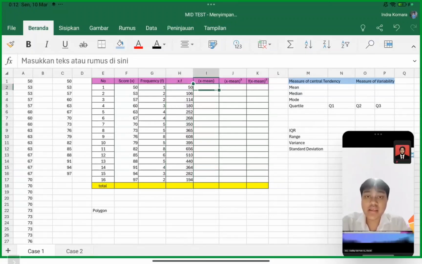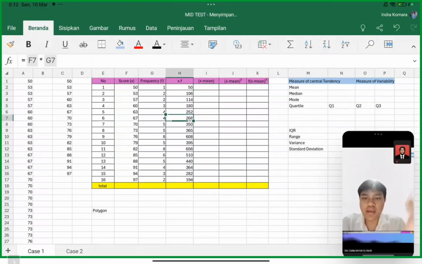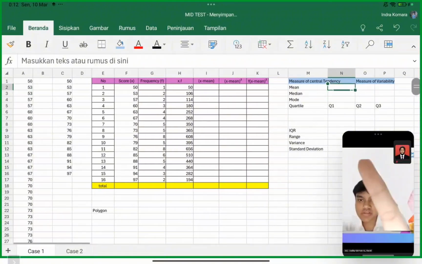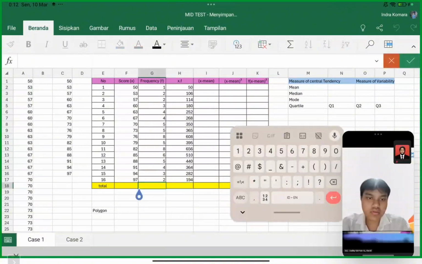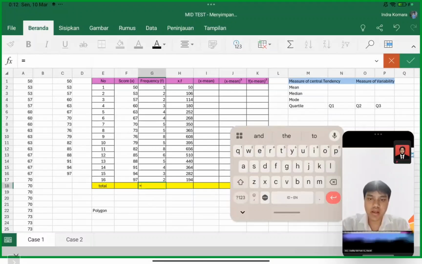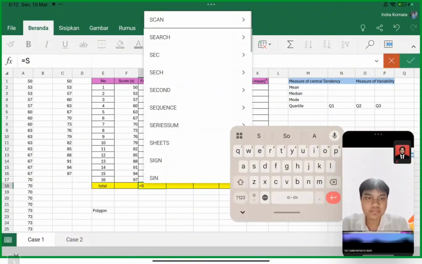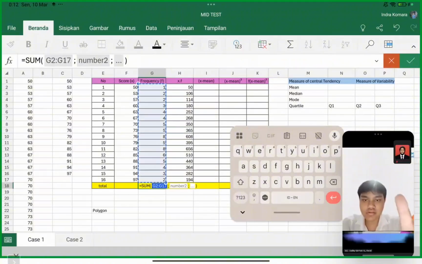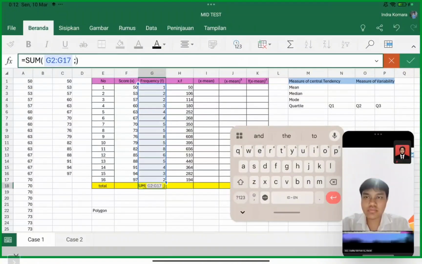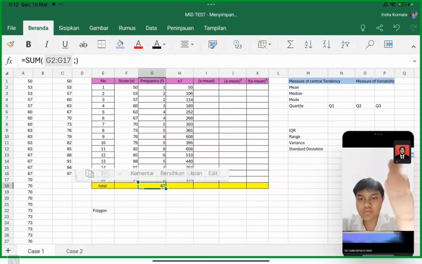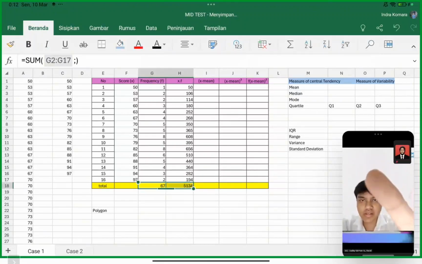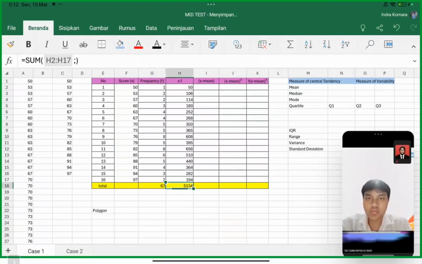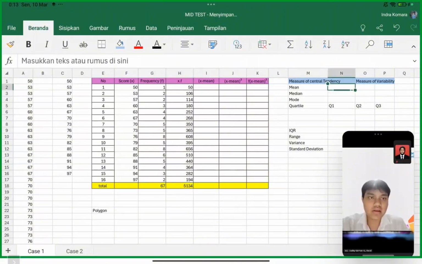Right, now the x minus mean. We don't have the mean, so we should calculate the mean first. So under measure of central tendency here, mean. We need the total of the frequency. How to calculate it? Okay, we use the formula SUM. Drag the frequency. Right, so we have the total of the frequency and x times f here, so we can calculate the mean.